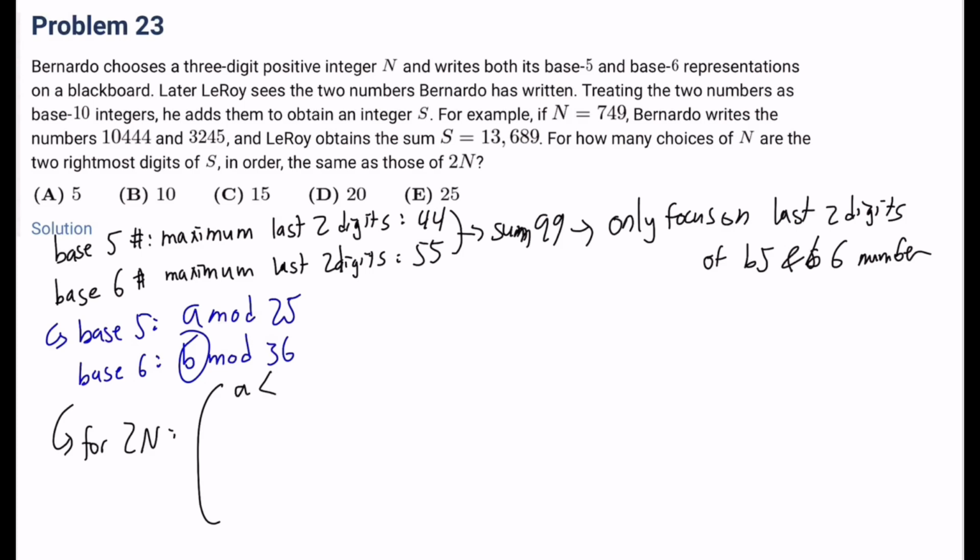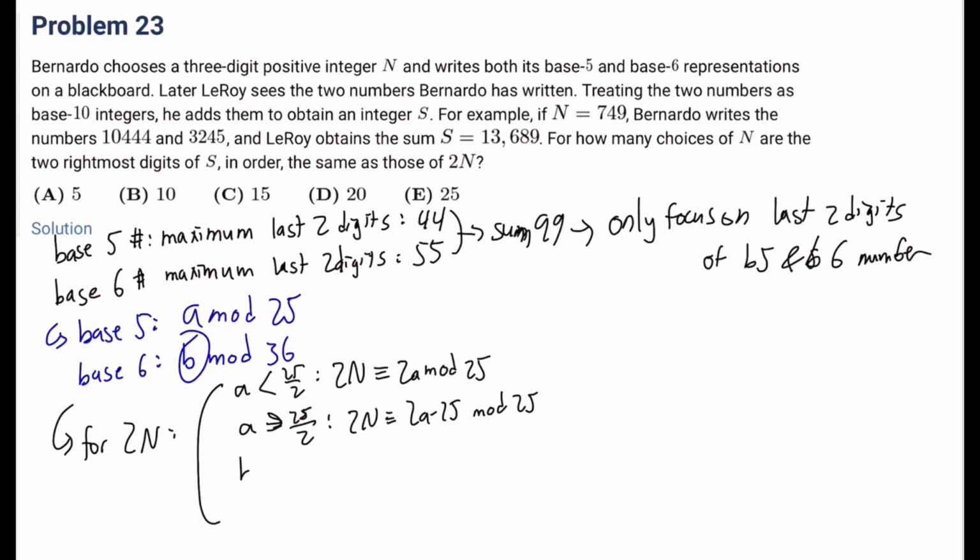If a is less than 25 over 2, then 2n is congruent to just 2a mod 25, because 2a is less than 25. But if a is greater than or equal to 25 over 2, then 2n is congruent to 2a minus 25 mod 25, because 2a is greater than 25.